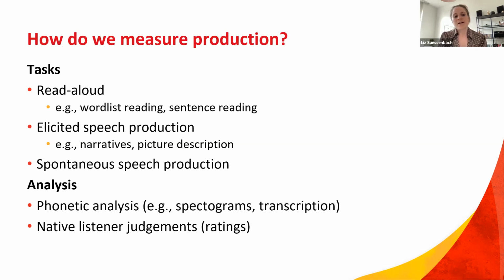Or we can also have spontaneous speech production or semi-spontaneous speech production in the form of an interview of some sort. And then we can analyze this either phonetically and acoustically, say in Praat, or by transcribing it through a phonetician. But there are also the native listener judgments that we're going to talk about in a second here when it comes to comprehensibility.